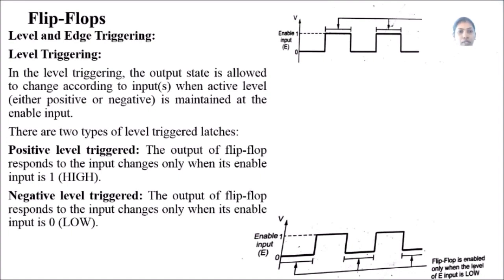In positive level triggering, the output responds to the input changes only when the clock signal is enabled at a high position, that is 1. Only when the enable input is 1 is it called positive level triggering. Only at that particular time will the flip-flop start its operation.